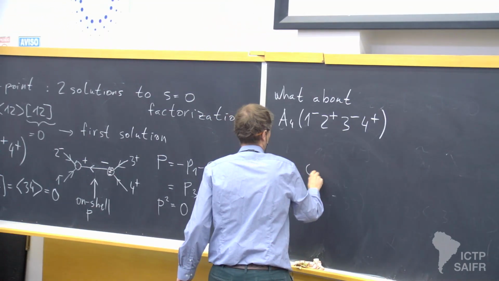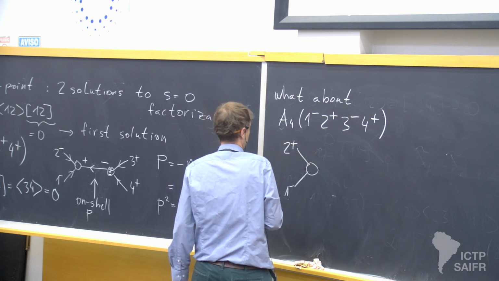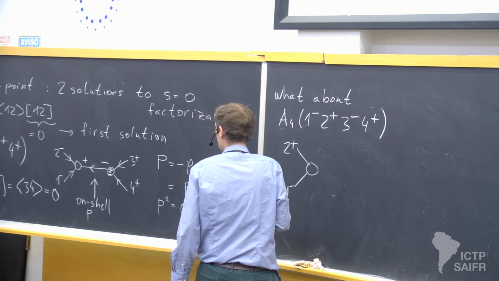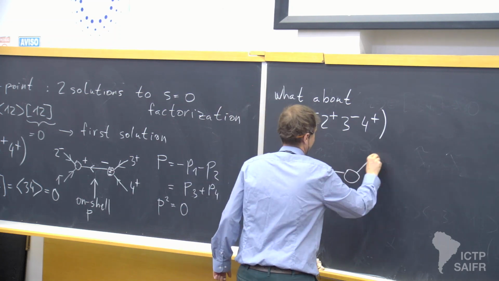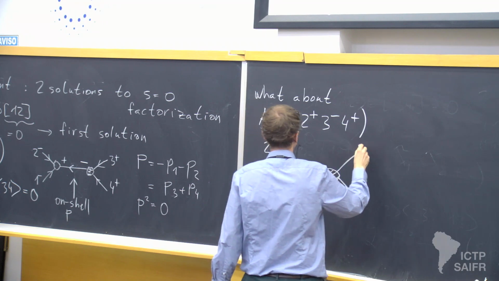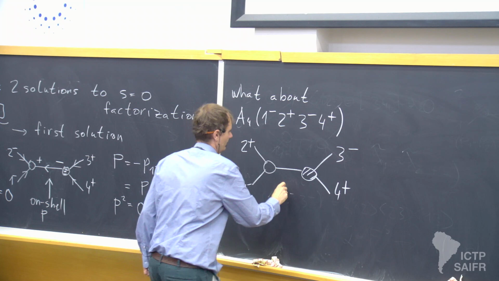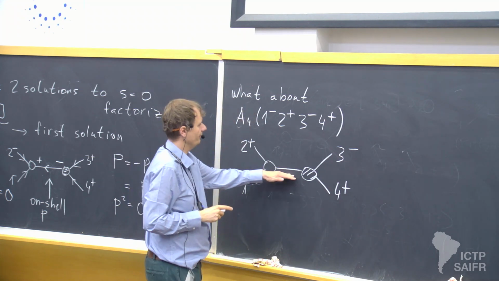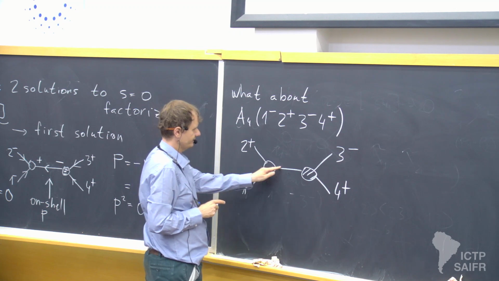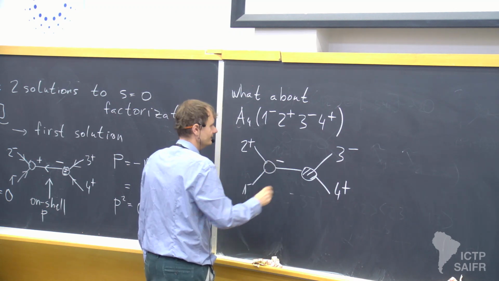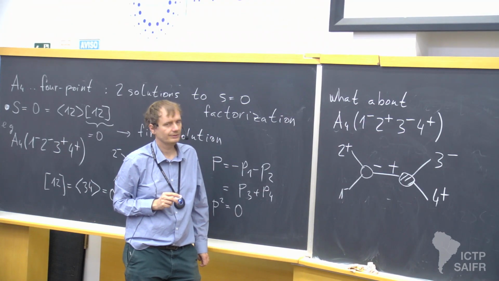So on the same pole, we had 1 minus 2 plus, and here we have 3 minus 4 plus. Okay, and this is again an internal on-shell particle. Now here we have minus plus, so here the helicity had to be minus, and here had to be plus. Okay, does it make sense?